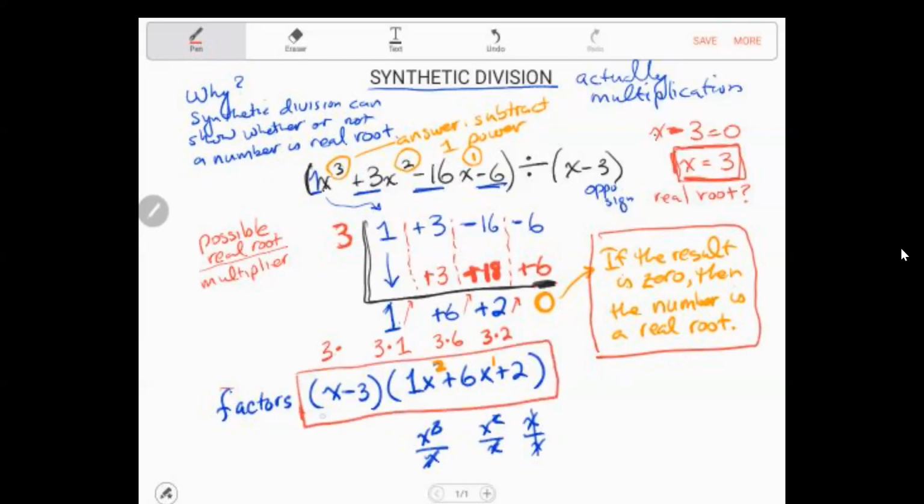So the factors of our equation are x minus 3 times 1x squared plus 7x plus 2. Okay, so those are the 2 possible answers that I could ask you for when you're doing this on an assignment or on your quiz. All right, so that's synthetic division, and I hope that was helpful.